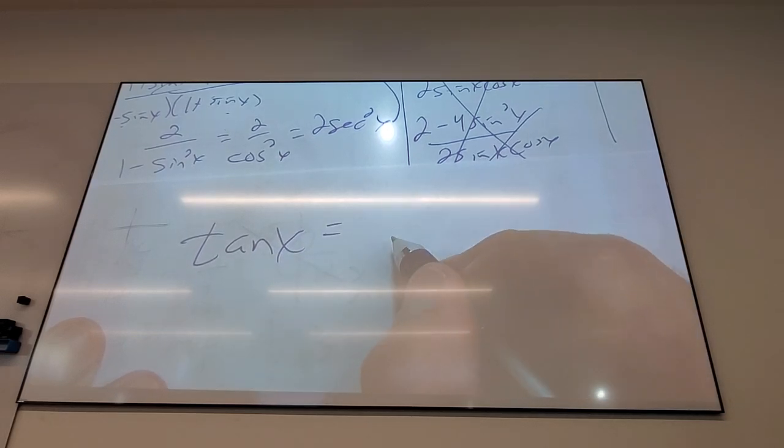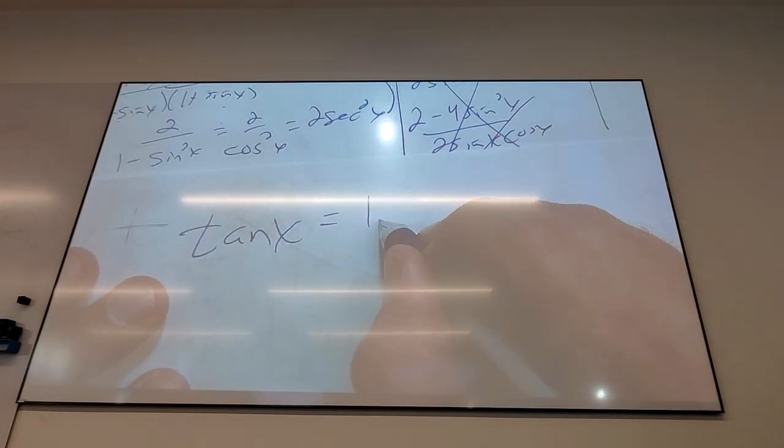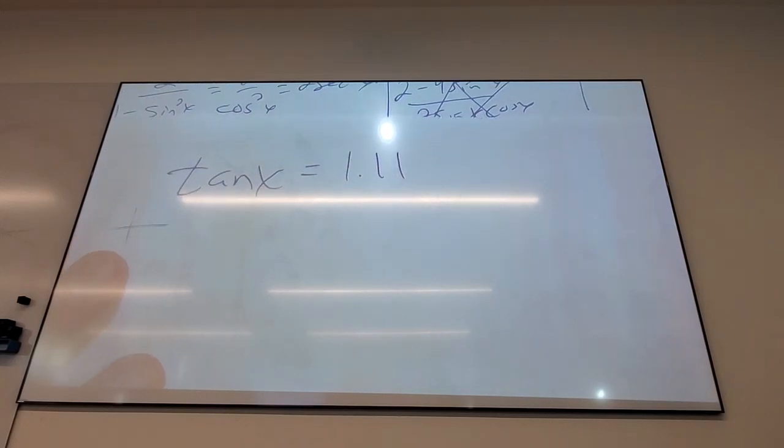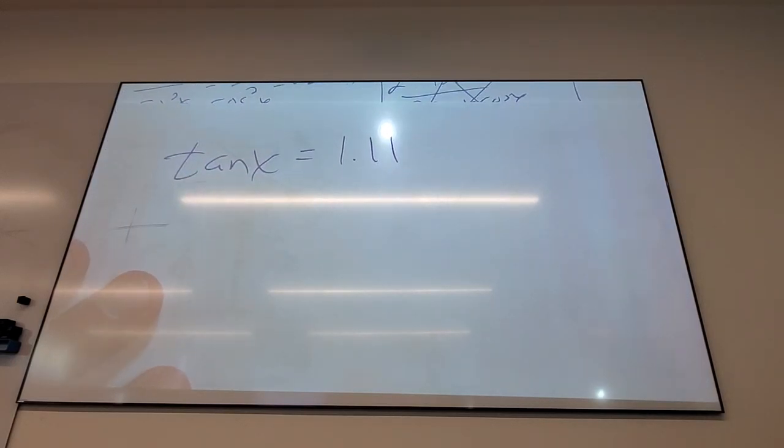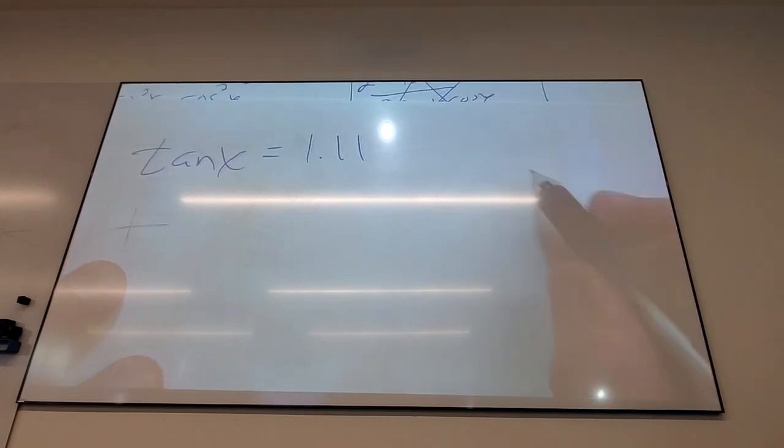you can do it, Jeff. 1.11. Is that a value we're supposed to know? No. Okay, so what quadrants are we living in, though?